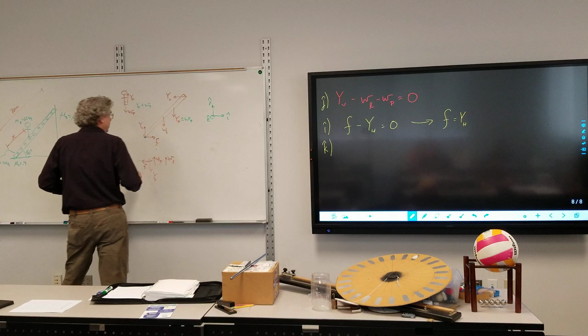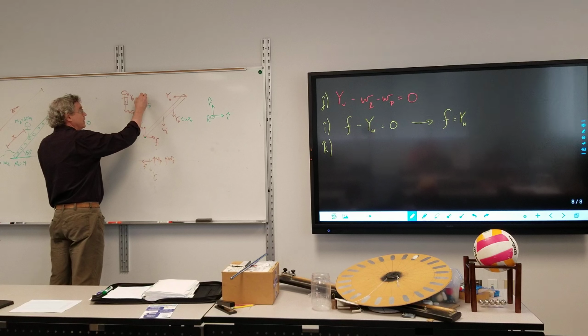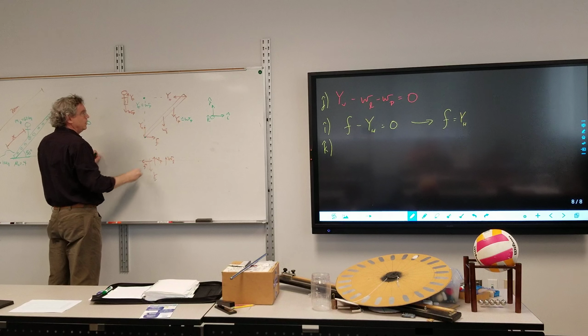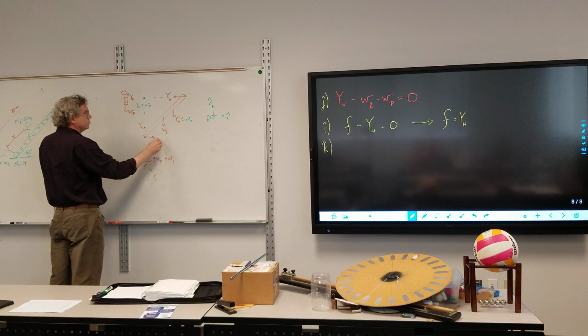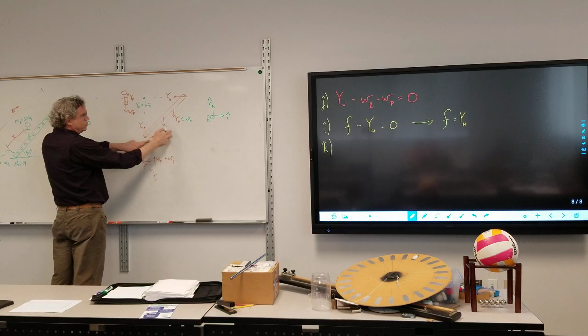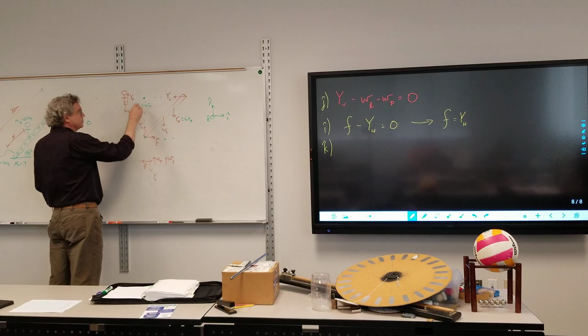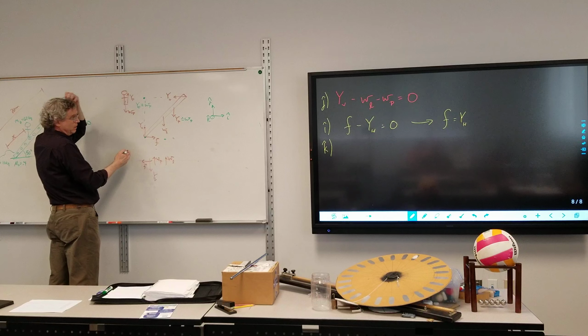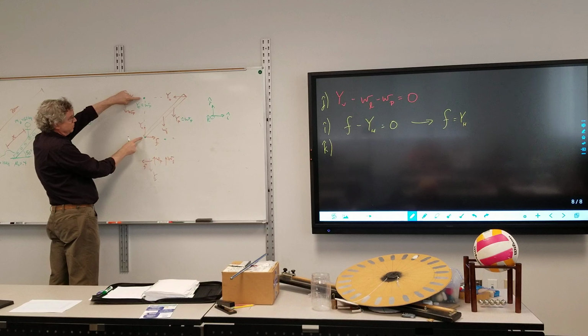Another place which will eliminate two torques is here. If we consider that an unknown, that will eliminate those two torques. But I think the simplest options are those two right there.